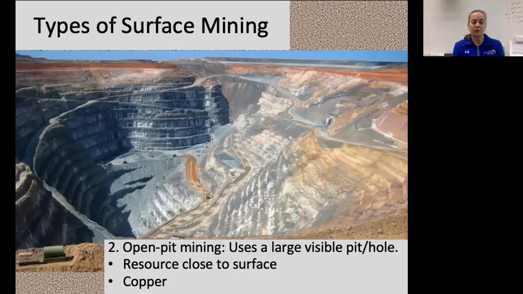Again, the resource is very close to the surface, and this is very often the way that copper is mined. It's a very similar process where the overburden, the area above the ore, is removed and purified, and then those tailings and slag are returned back to the pit.